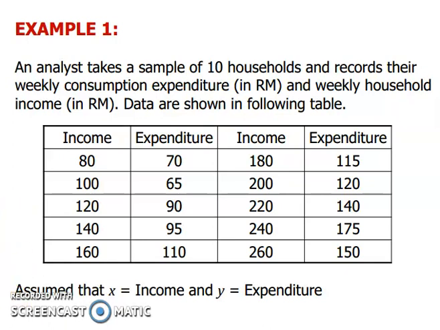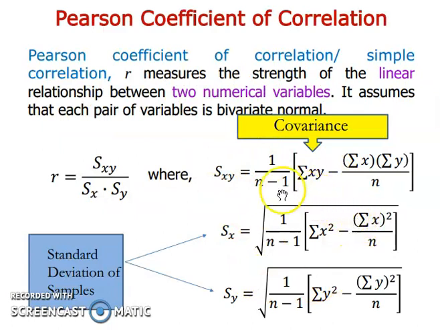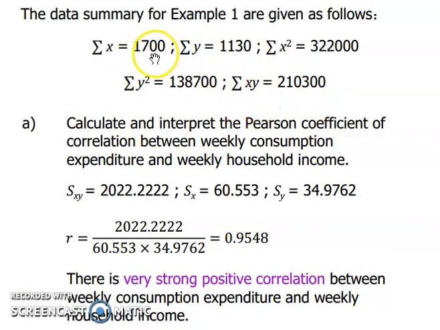So going back to the example, we want to calculate the correlation coefficient between the variables income and expenditure. Looking back at the formulas, to calculate Sxy, Sx and Sy, we need the summation of XY, summation of X, summation of Y, summation of X squared, summation of Y squared, and the square of the summation of X and of Y. After calculating all this and placing them in the formula, we get Sxy, Sx and Sy.